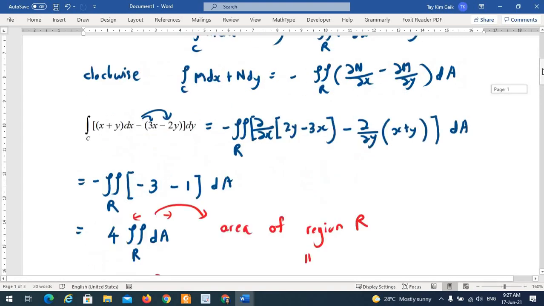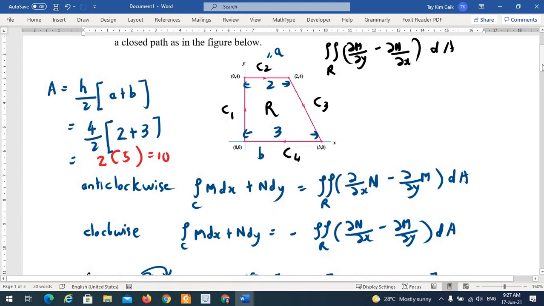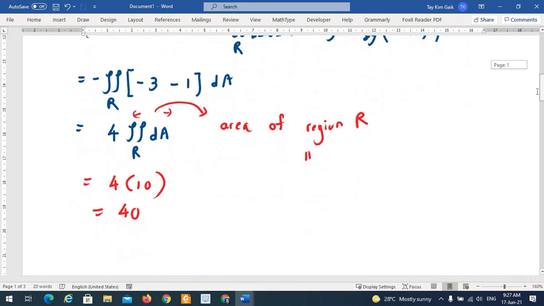So you use the area of the trapezium, where the height in this case is 4 units, H over 2, and A and B are the lengths of the parallel lines. A is 2, B is 3. So you calculate the area of the trapezium is 10, and then we have 4 times this area, so 4 times 10 is 40. So the answer is 40.